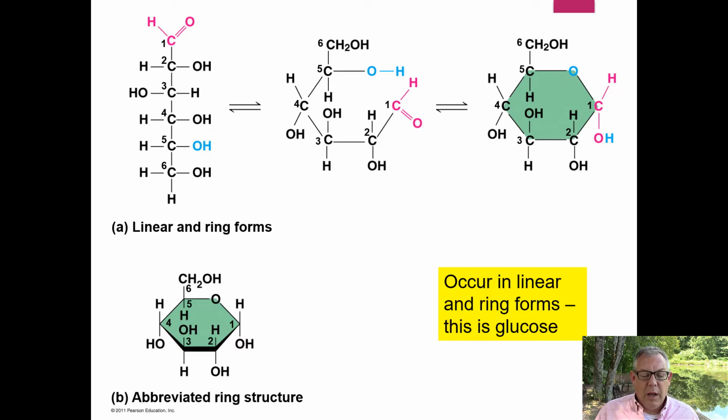And so here's another very common simple sugar, glucose. When we talk about metabolism and diet, and you talk about carbohydrates in your body, glucose is the most important carbohydrate in your body, and it's very important to your metabolism.